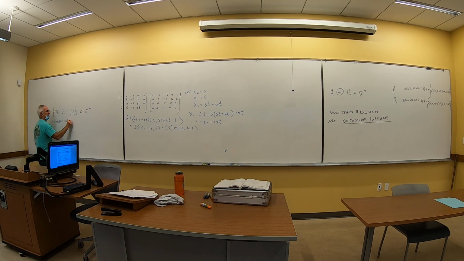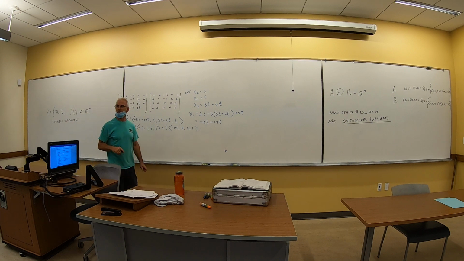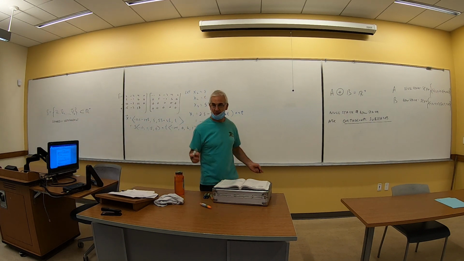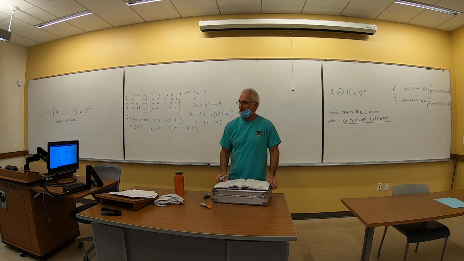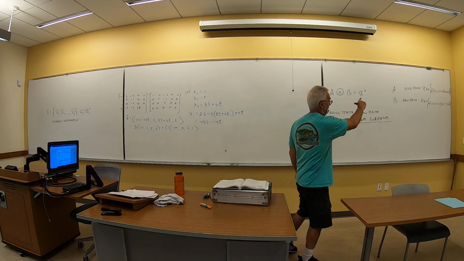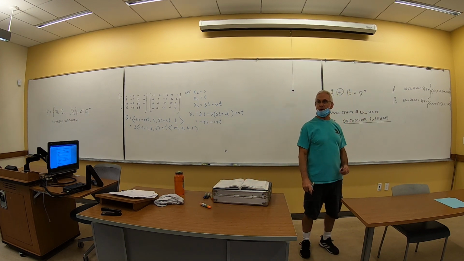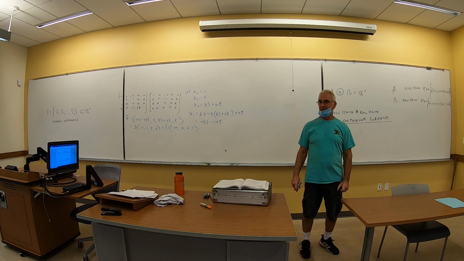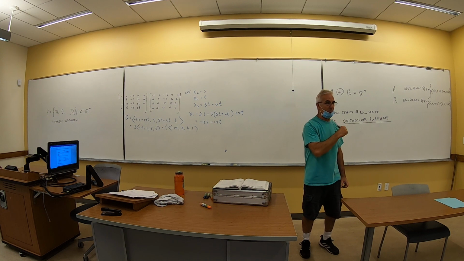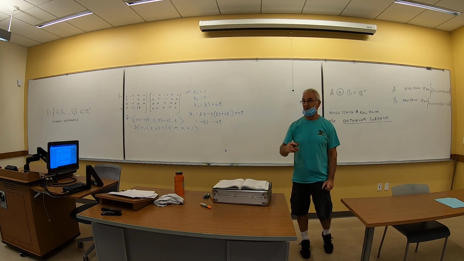I need them to be linearly independent. That does not mean they're a basis. In fact, there's no possibility they're a basis. They're never going to be a basis for Rn. They're just linearly independent. Those two vectors on top are linearly independent. Those two vectors on the bottom are linearly independent. Right? But the row space is not R4. It's a two-dimensional subspace of R4.